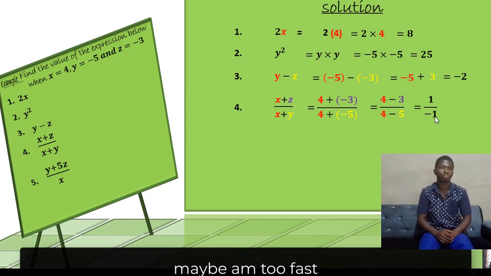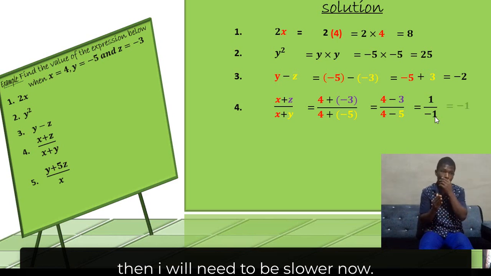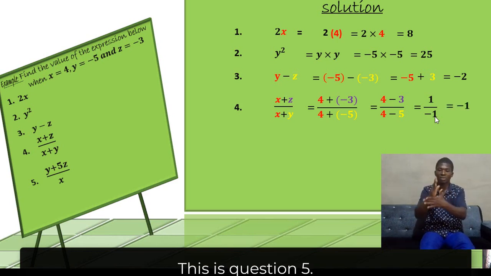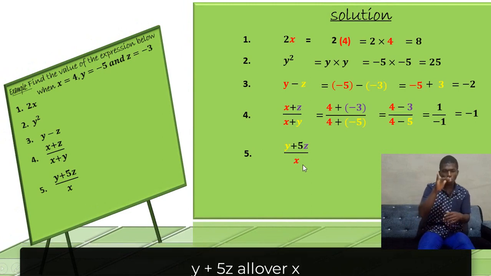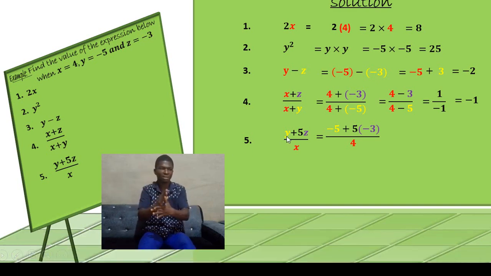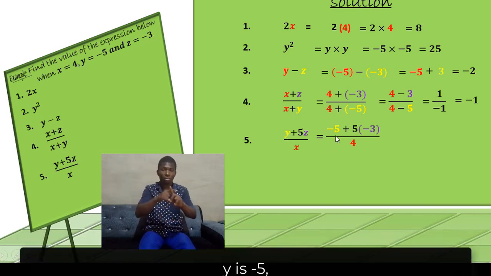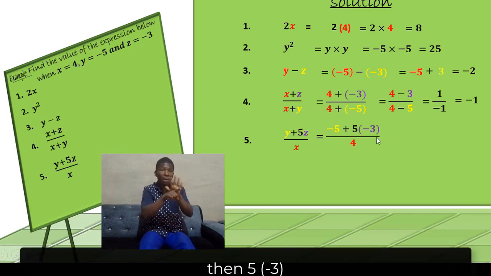Maybe I'm too fast. I think I'm not. Okay, maybe I'll make it slower now. This is question 5. I believe that is understood. Now this is question 5. Question 5 says y plus 5z over x. Okay, so just replace them by what is given there. Y is minus 5, then plus 5 into our z is minus 3.